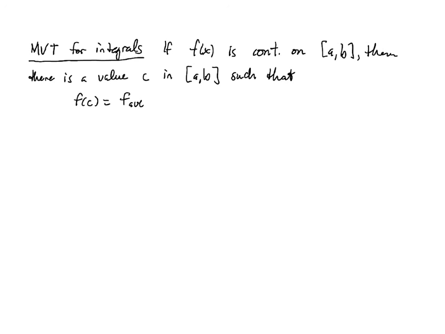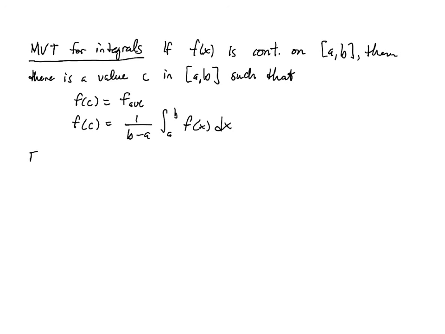In other words, the value of the function at c is equal to 1 over b minus a times the integral from a to b of f of x dx.